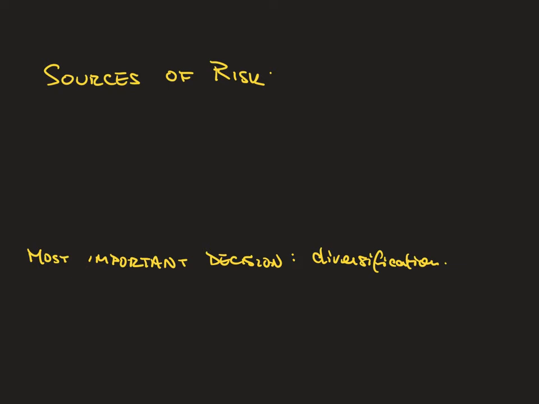So if we think about sources of risk, when you loan out your money to a company, there are some risks that are firm specific. There are some risks that are industry specific.